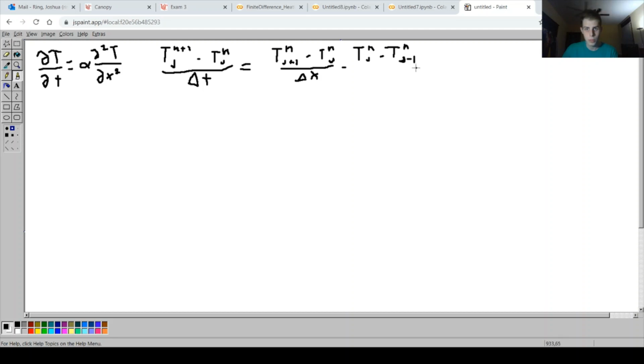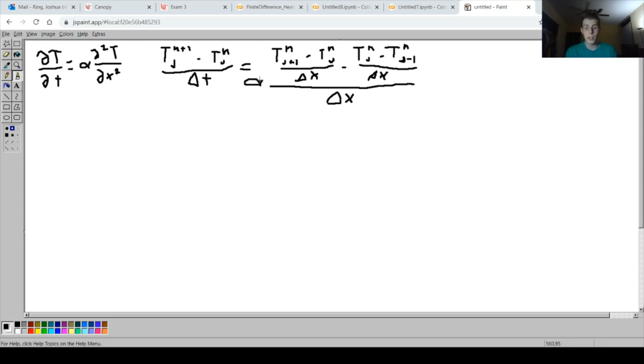This is also going to be over our delta x. And then lastly, this is all going to be over another delta x. Let's redo that one. Something doesn't seem right. Oh, I forgot the alpha. And then obviously we still have the alpha out in front.